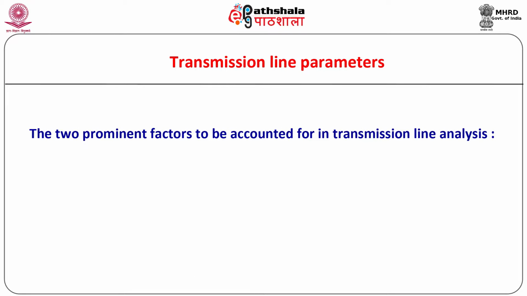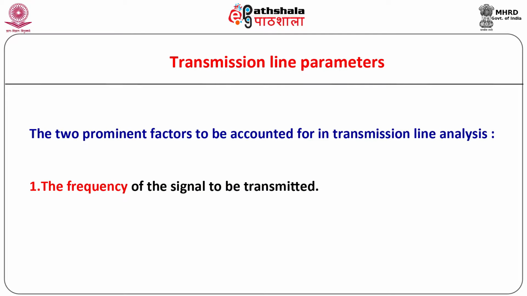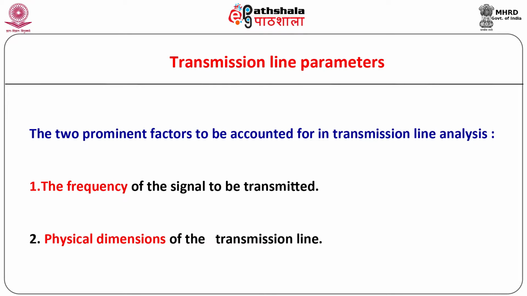In one of the earlier modules, we have discussed the concept of lumped and distributed components. While analyzing a transmission line, we have to take cognizance of this aspect. The frequency of the signal to be transmitted and the physical dimensions of the transmission line are the two prominent factors to be accounted for in such analysis.